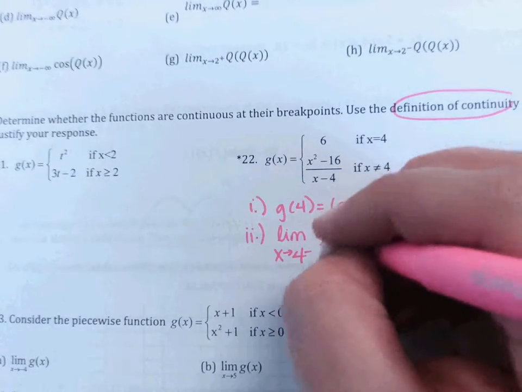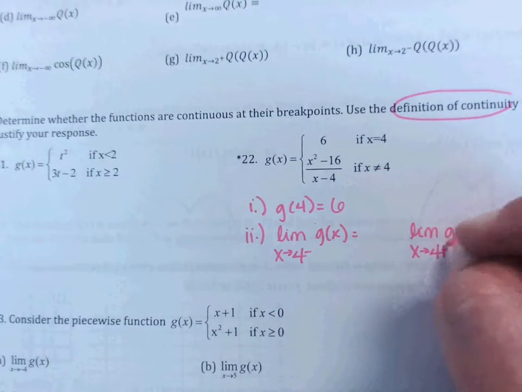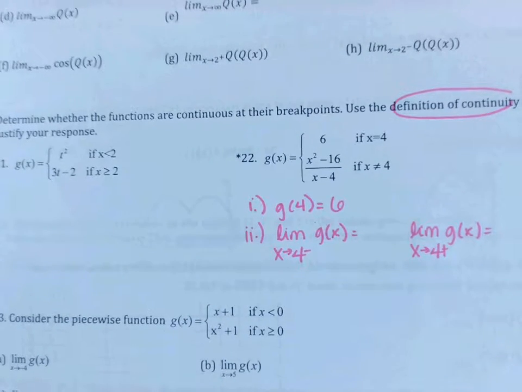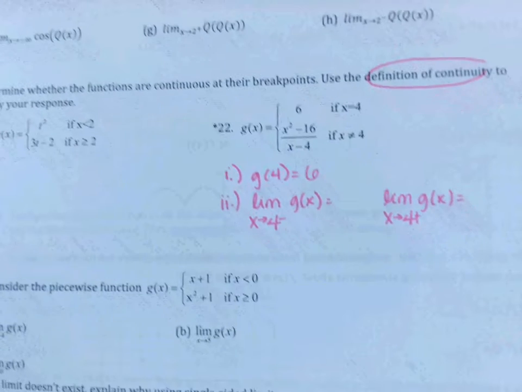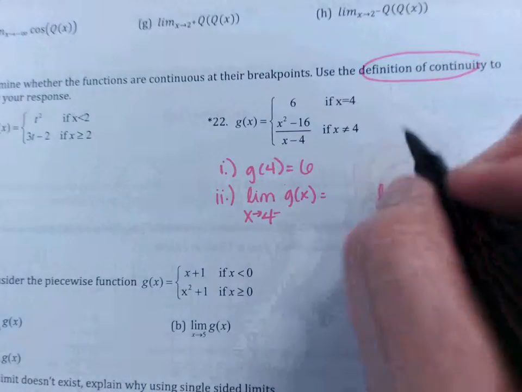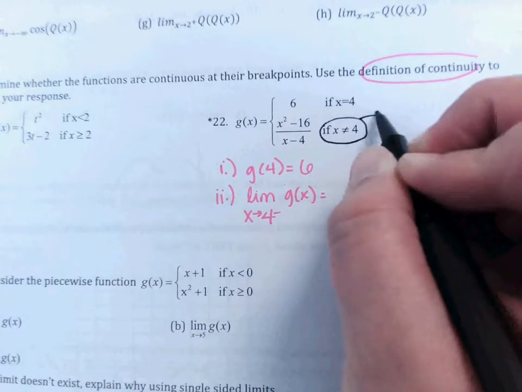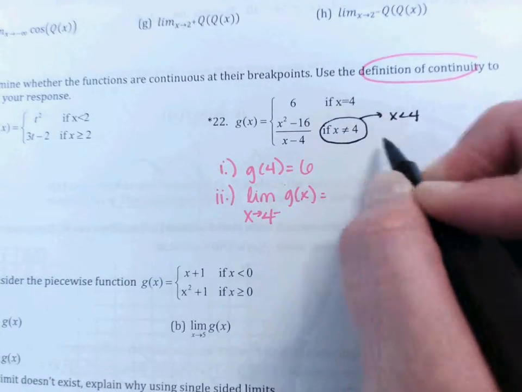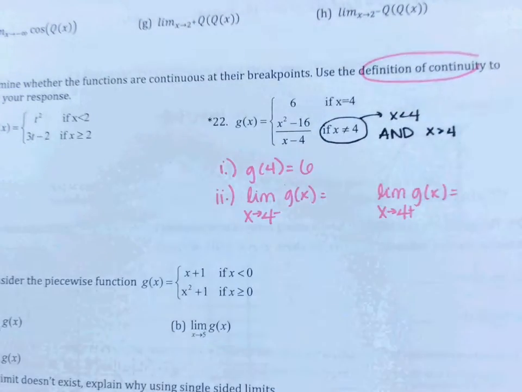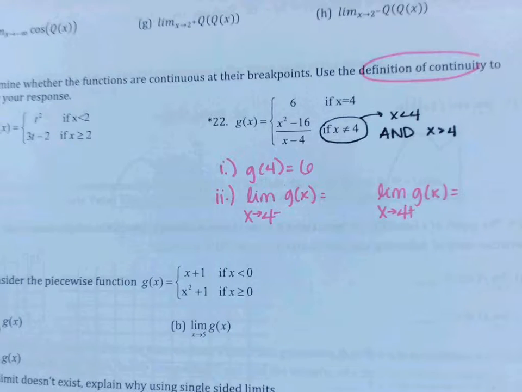Now, look at the way that your piecewise is structured. Is it a top and bottom type piecewise? No. If it's an x equal to 4 and an x not equal to 4, then this part counts as both all of the x's less than 4 and all of the x's greater than 4. Remember, if it's that type of piecewise, you're plugging your left and right limits both into the same part.